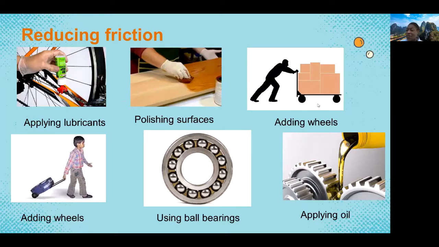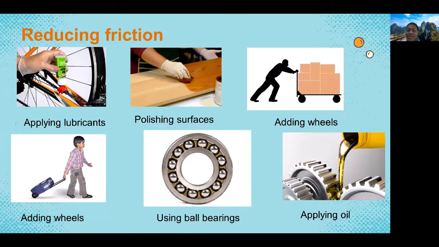And when we apply oil, the moving parts are going to move so easily because there is oil. So there is not much heat or friction formed when the parts are moving around like this.